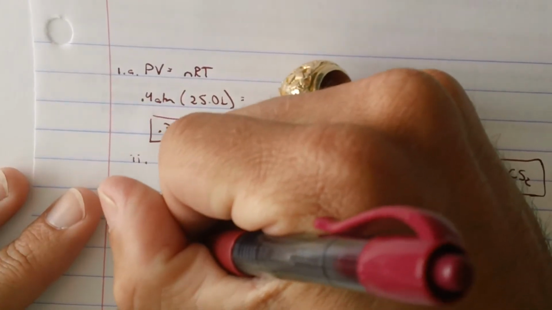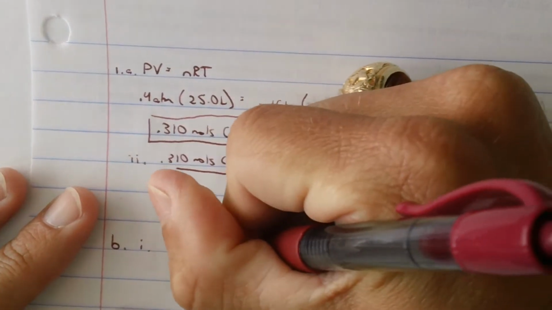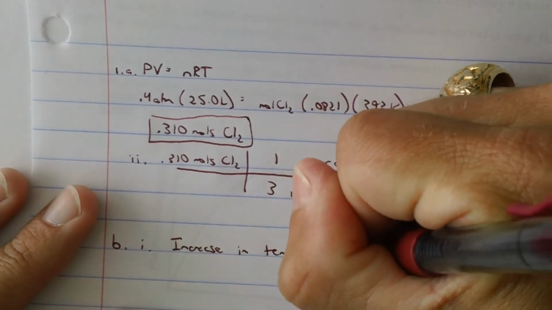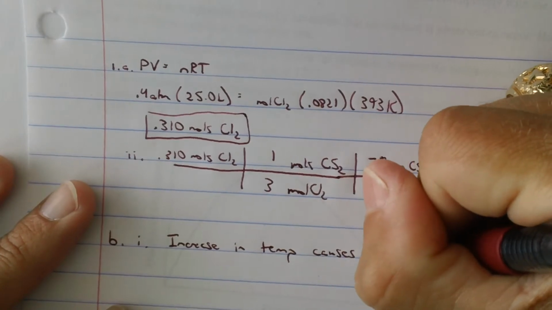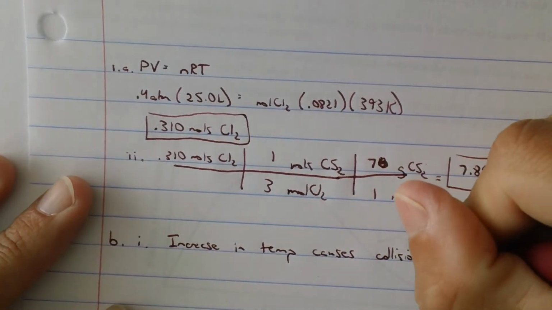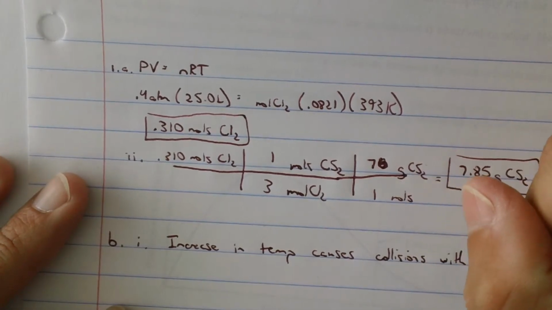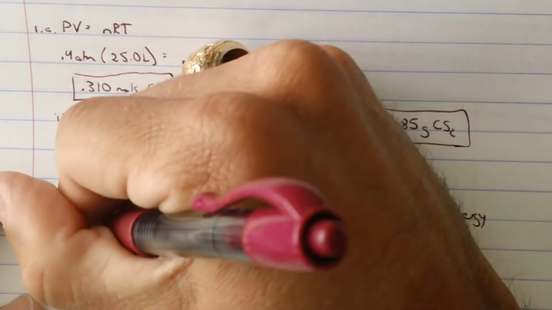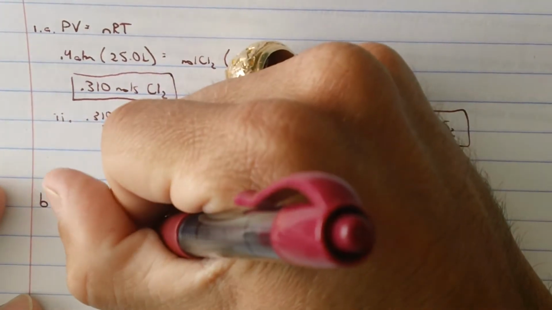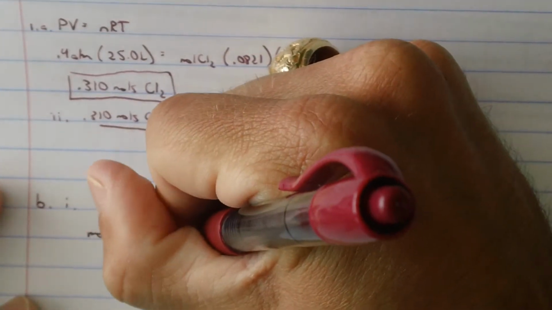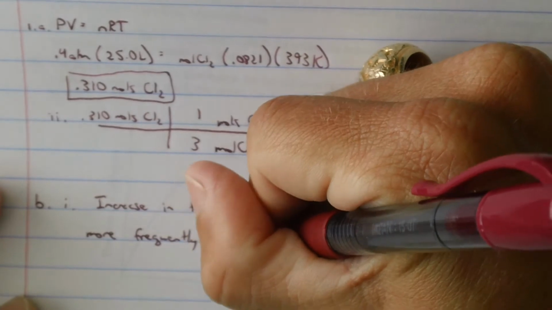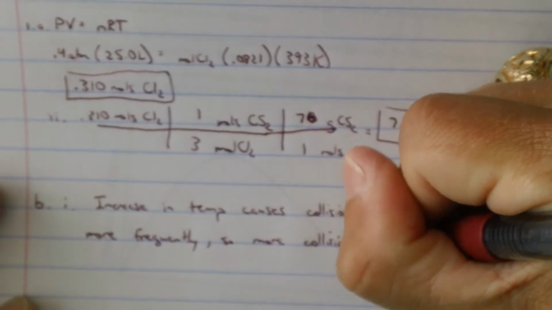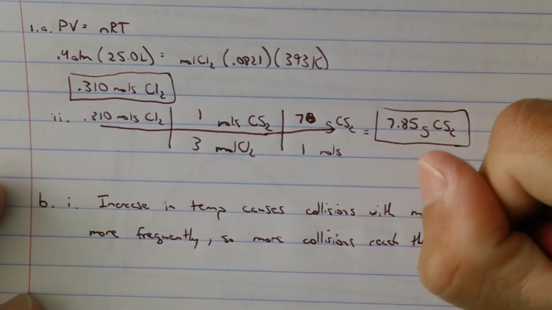So this is it. Increase in temperature causes collisions with more energy more frequently, so more collisions reach the activated complex.